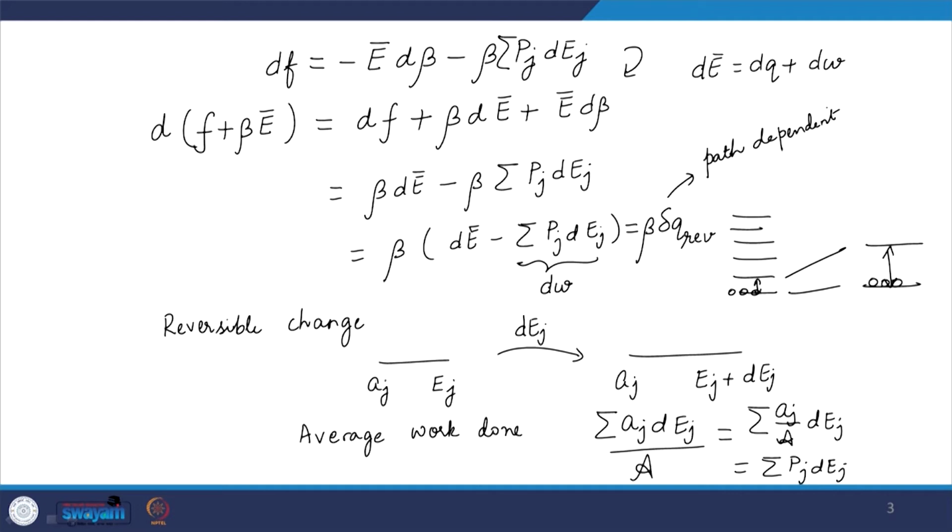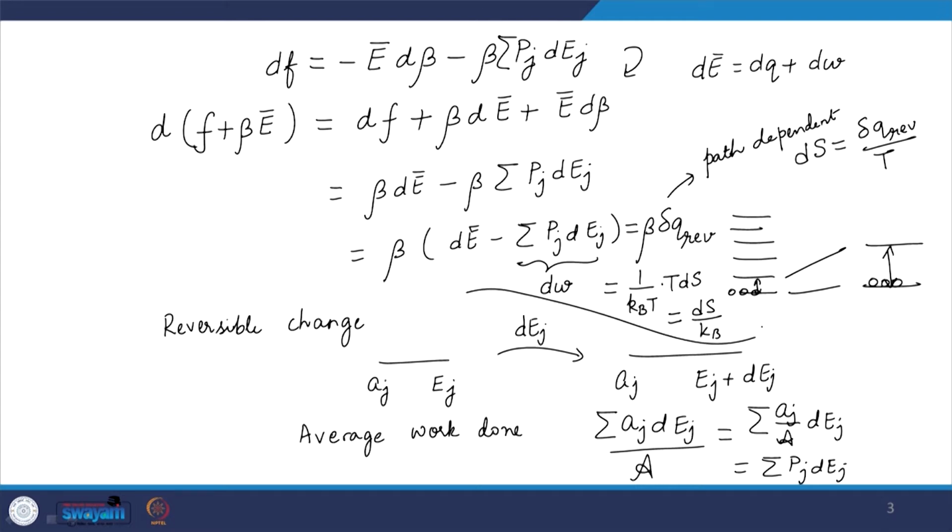Now, if I use the argument of Clausius, the change in entropy dS is equal to the heat added for a reversible process divided by temperature. Using the definition of beta I found in the last class, beta is equal to 1 by kBT, and I can replace delta Q reversible by T dS. So, this thing therefore is dS by kB.